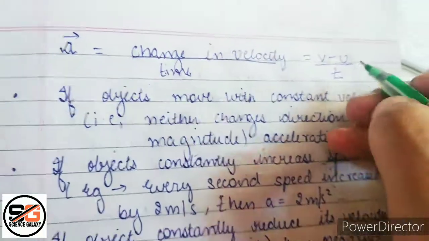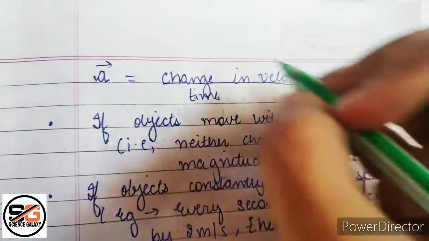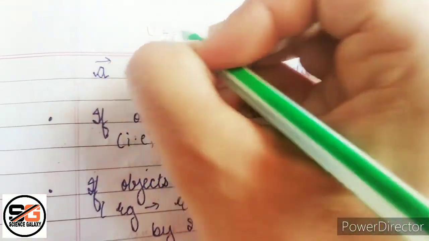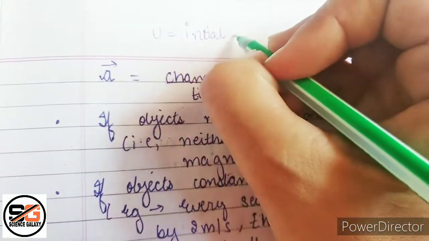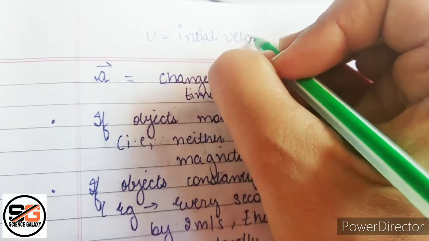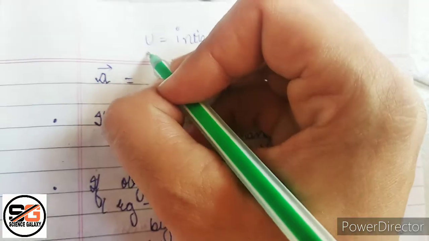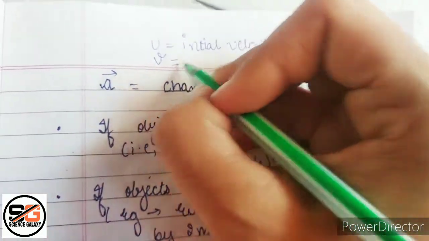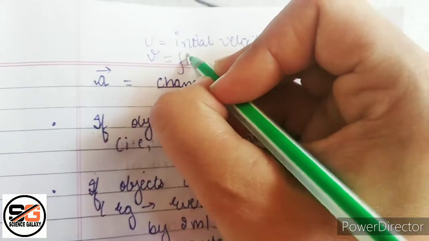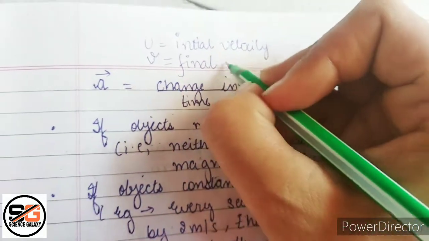Consider I was moving initially with speed u or velocity u. U is my initial speed. I increased or decreased my speed and now my speed became v. V is my final velocity.